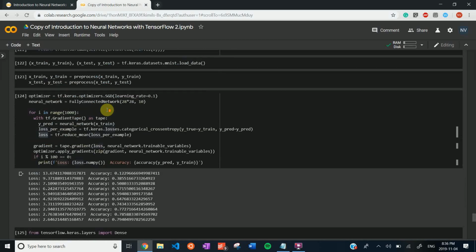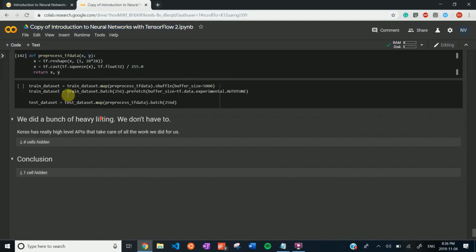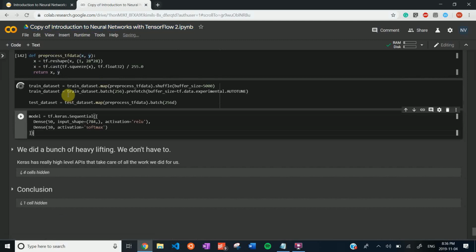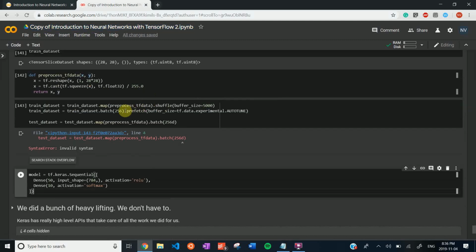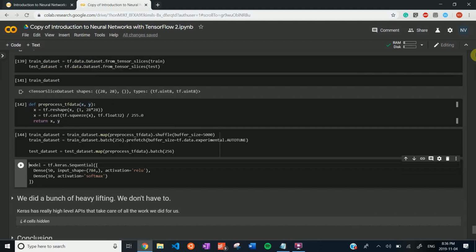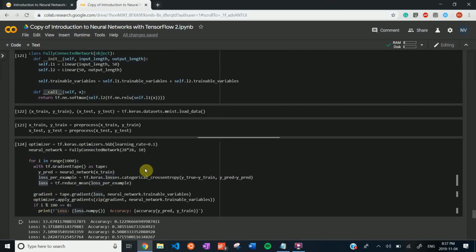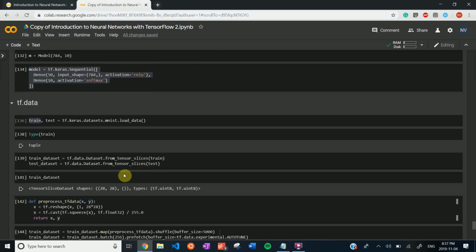Finally, I'm going to scroll up and copy and paste the model code. And I'm also going to copy and paste the training loop from before because we're just going to do some slight modifications.